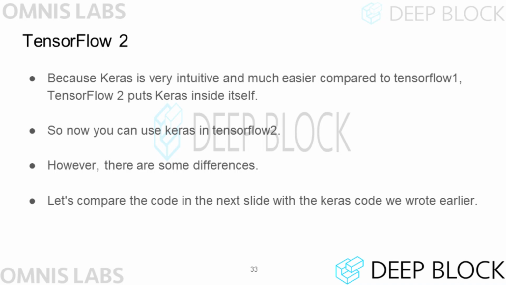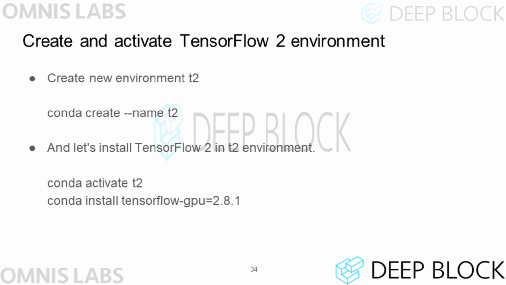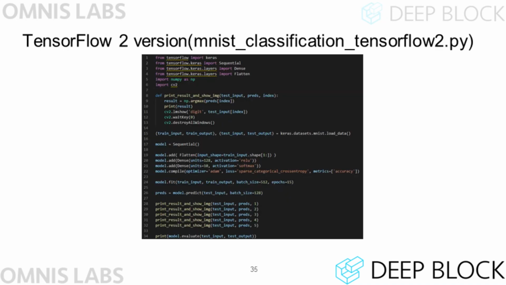First, deactivate the currently active virtual environment T1, and let's install TensorFlow 2 in the new environment. Create a new Conda virtual environment T2, activate it, and install TensorFlow 2 as follows. And run the following code in that environment. This code is also available on the course page.